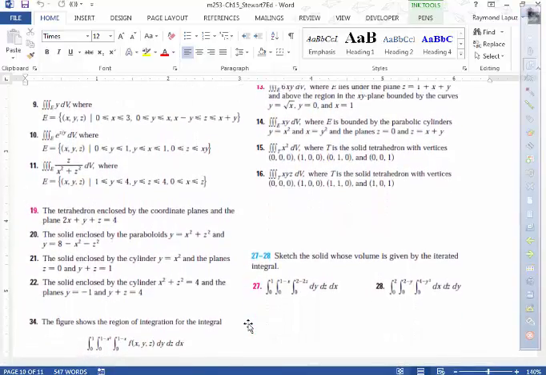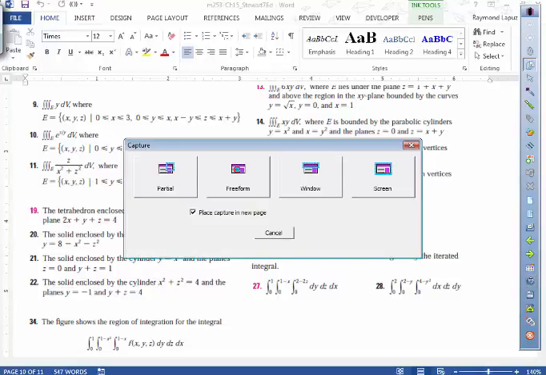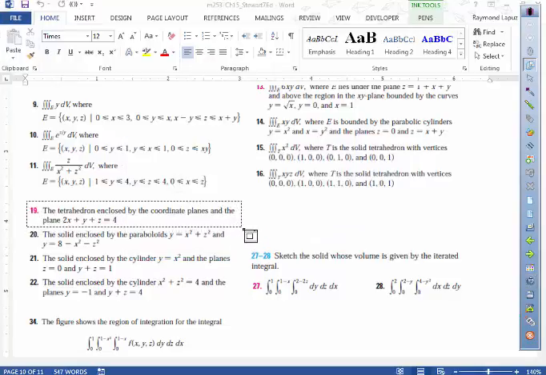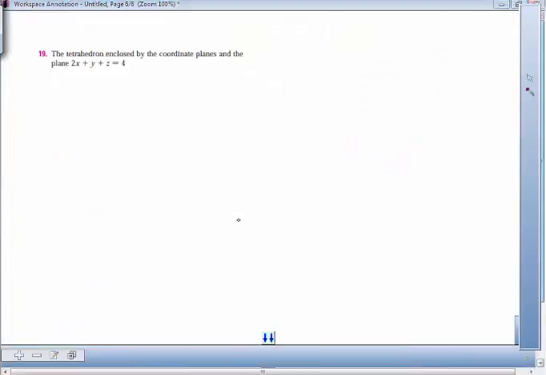So the first couple look like they got the integrals set up for you already. So let's do something more interesting here. Maybe like 19, 20, 21. And I'll start with number 19 and we'll see where we go from there. So in this example, it's looking at a tetrahedron.